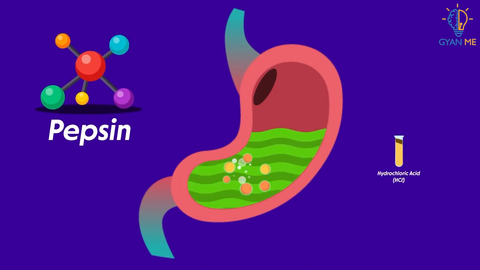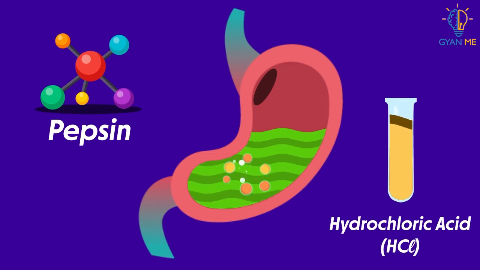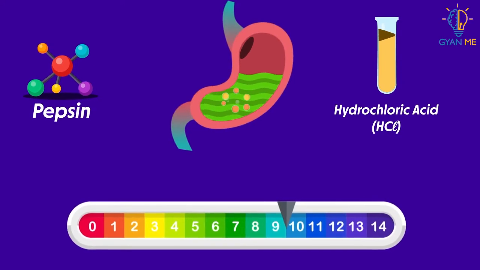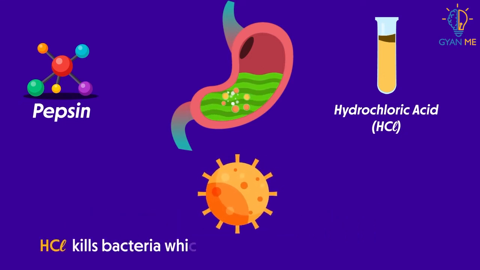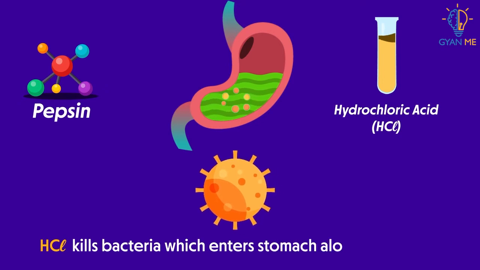Along with pepsin, hydrochloric acid is one of the most important constituents of gastric juice and has several functions in the stomach. It lowers the pH of the stomach and brings it down to a favorable acidic medium for the action of pepsin and other enzymes of gastric juice. It also kills bacteria, which enter the stomach along with the food.